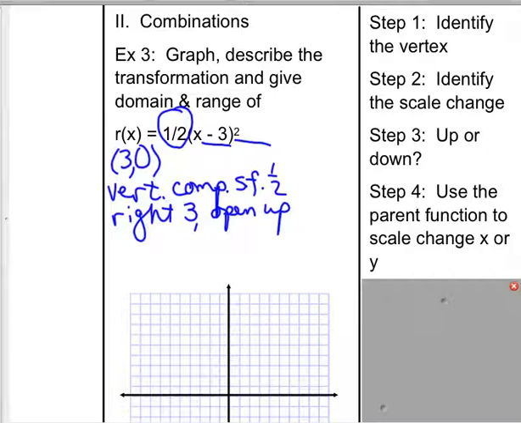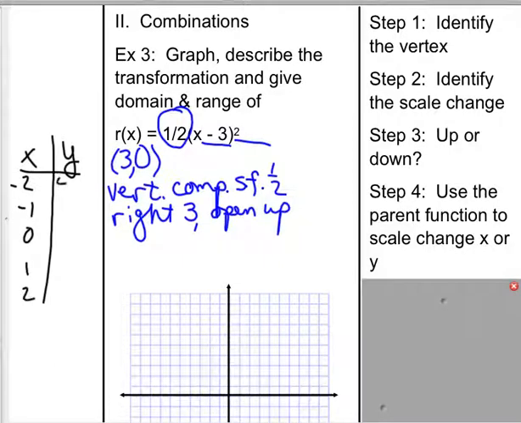I'm running out of room here, so I'm going to squeeze my parent function t-chart over here. And then I'm going to transform it over here. So again, vertical, so it doesn't affect my x, so I'm going to leave my x values alone.